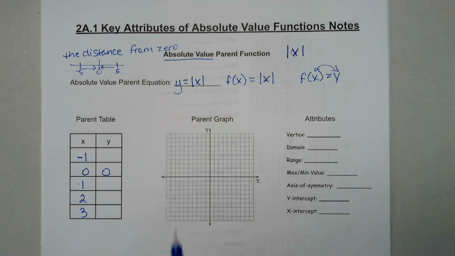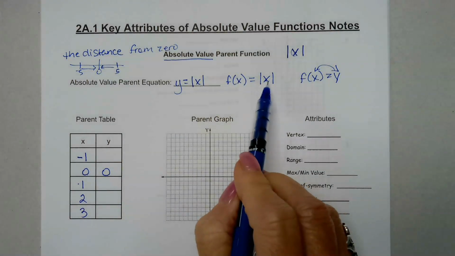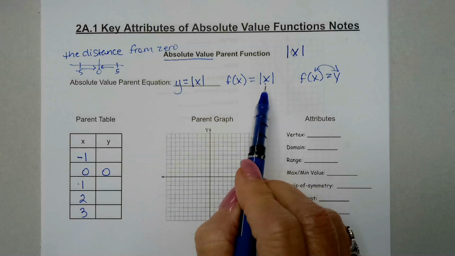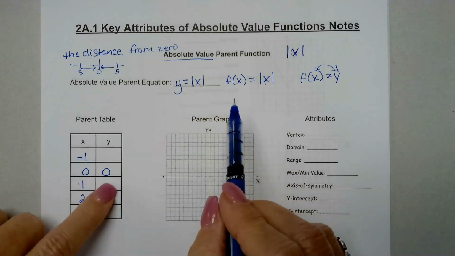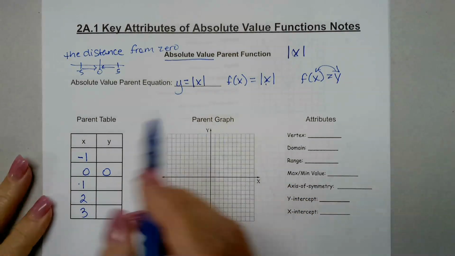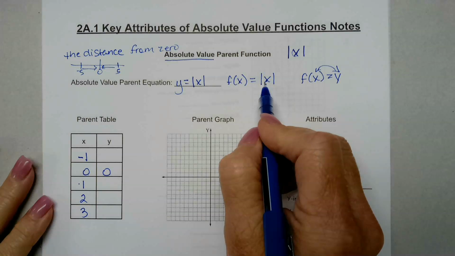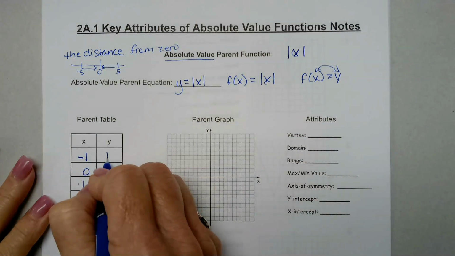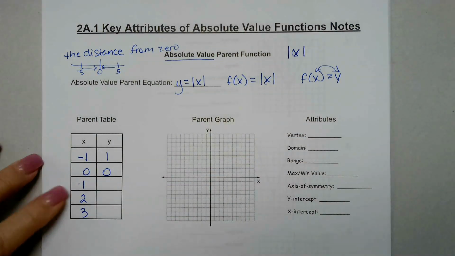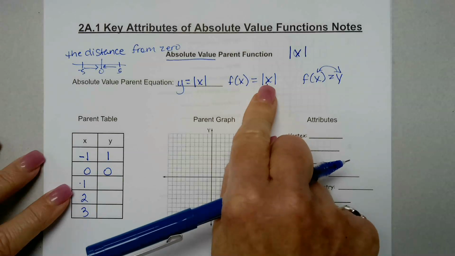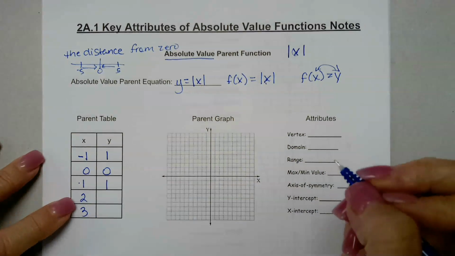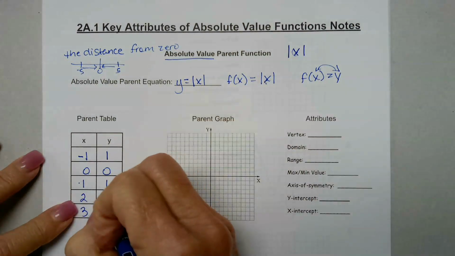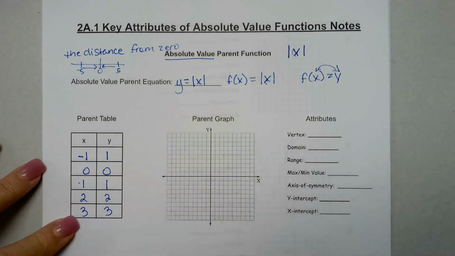If I plug in a 0, the absolute value of 0 is 0. So that's where this comes from right here. If I plug in a -1, I get out a +1. If I plug in a +1, I still get out a +1, a +2, and a +3.